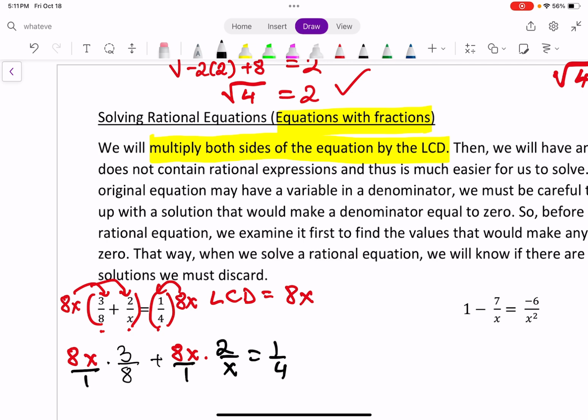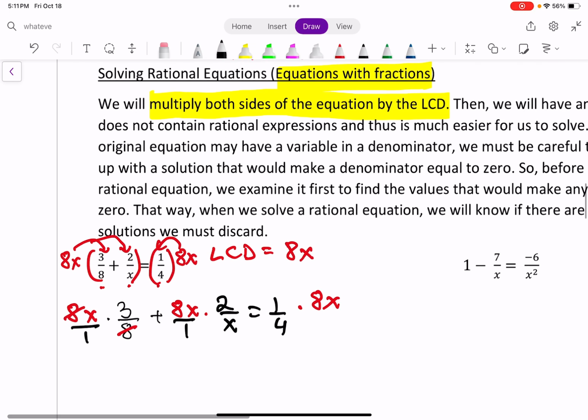So therefore, it's going to get reduced with any denominator and multiplied to the numerators. So the 8 takes away the 8 in the denominator, leaving you with an x and a 3 behind. For the next fraction, the x takes away the x, leaving you with an 8 times 2 behind, which makes it 16.